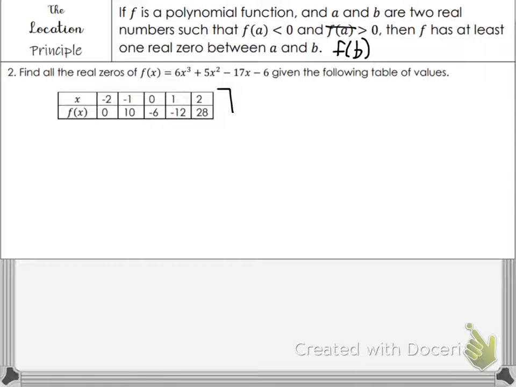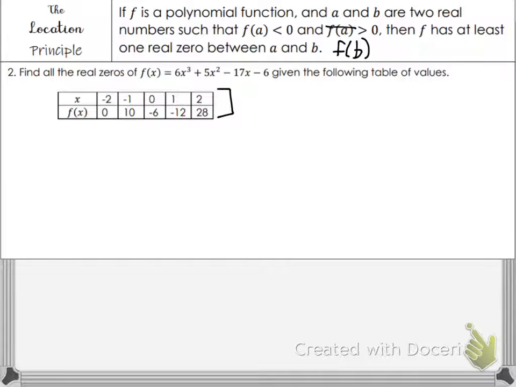So this table of values goes with our function. Do I have an x value that has a negative y value, and then immediately after that x value, the next x value has a positive y value?